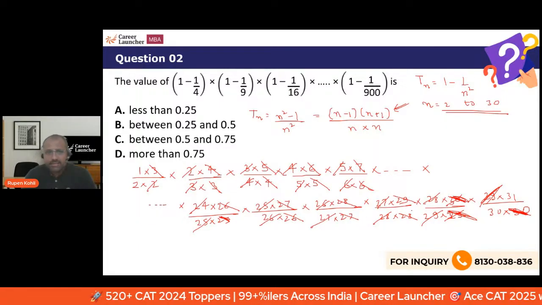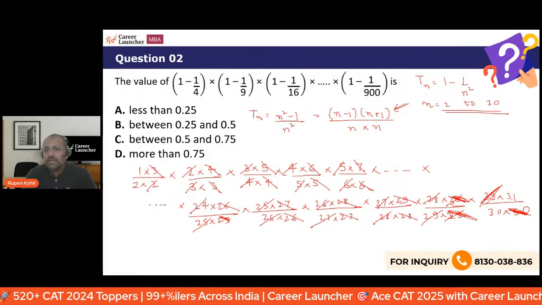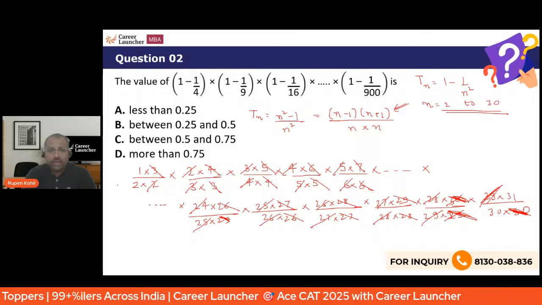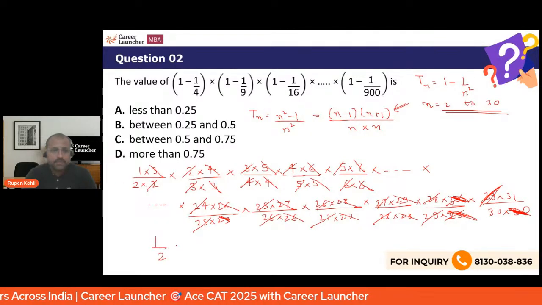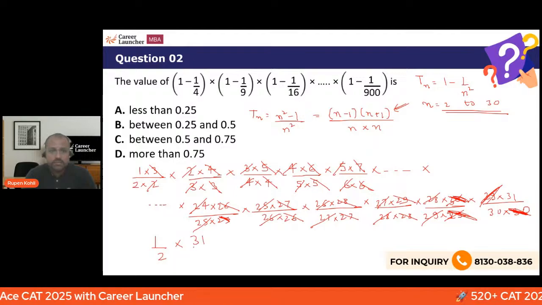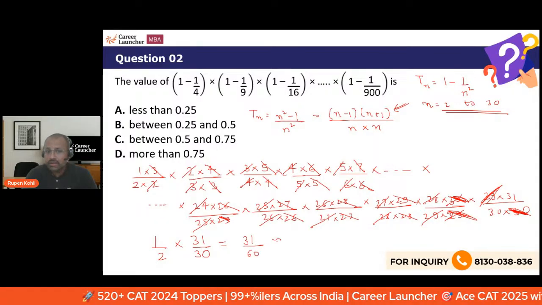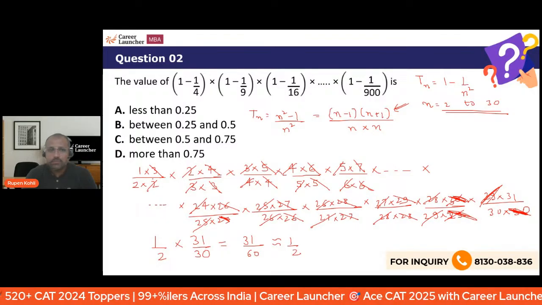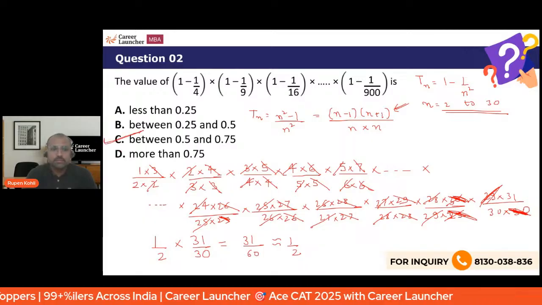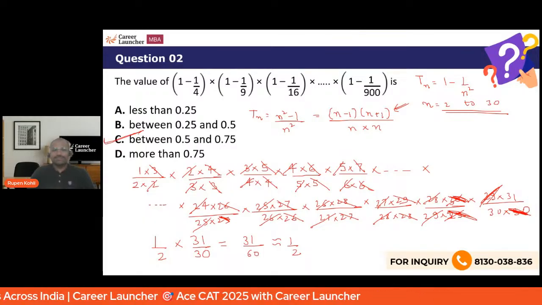Again, everything cancels off except for some numbers in the last term. So we have 1 by 2 from the first term, and 31 by 30 only remains from the last term. So this is 31 by 60, and 31 by 60 is obviously slightly more than half. So it's between 0.5 and 0.75, right?